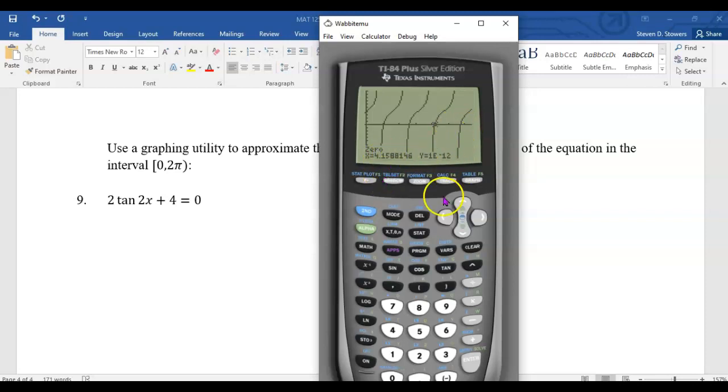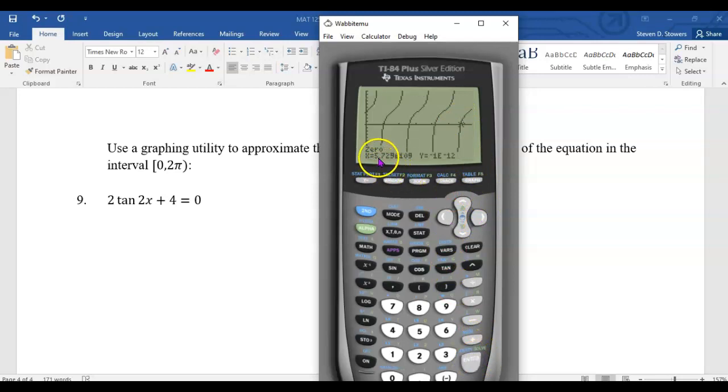And then this one, for a left bound, remember you can type in a number or you can use the arrow buttons to move to a point on the graph. But either way, you've got to find an x that's a little bit less than the exact x-intercept that you're looking for, and then one that's a little bit to the right or a little bit bigger than the one you're looking for.